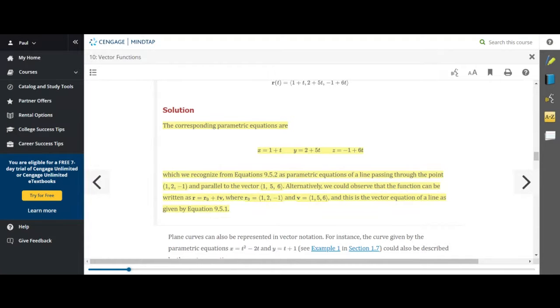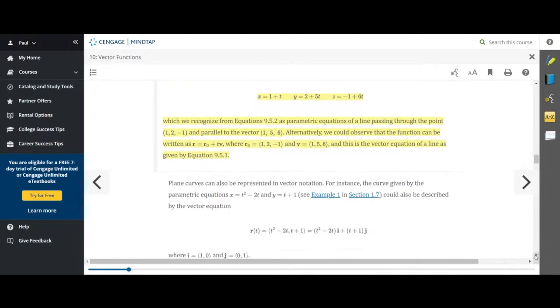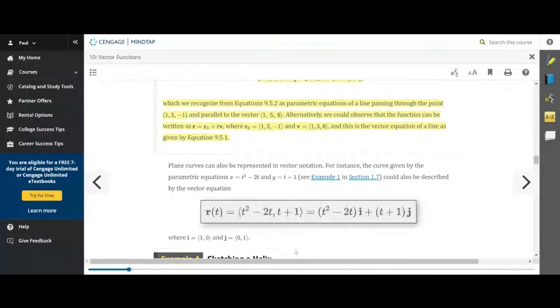Okay, that's fine. And they're using component notation, but you can also write plane curves in space in terms of vector notation. So there's an example of vector notation. Sometimes one is easier than the other.